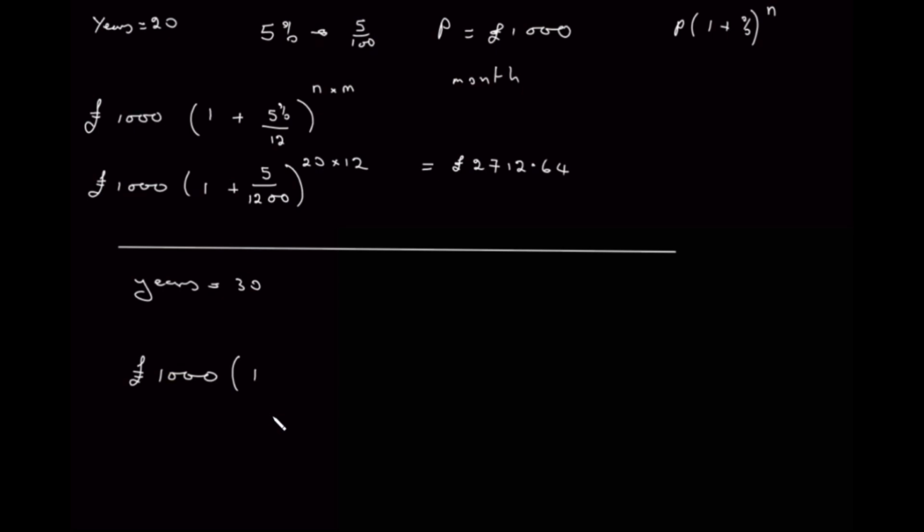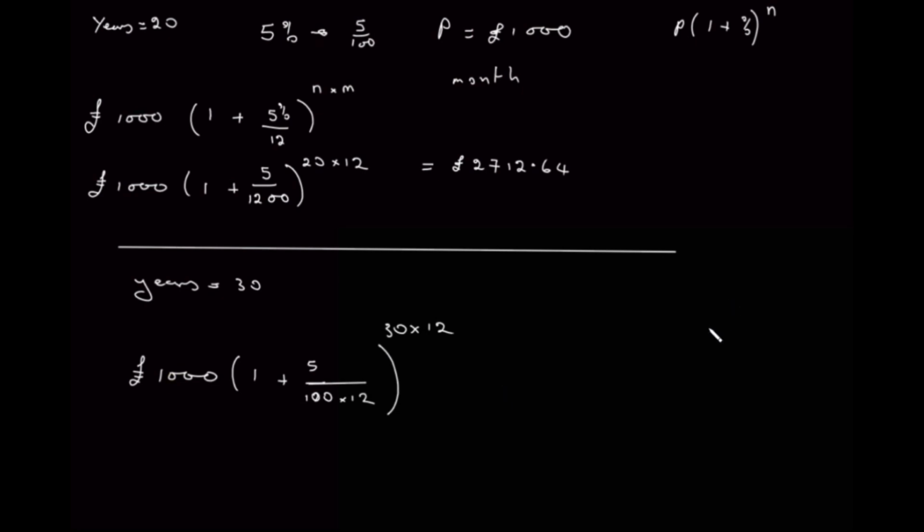There's the 1, here's the percent, 5, remember it's over 12, no it isn't, it's over 100, but then because it's every month, we have to multiply that by 12. Let me extend this. And we said 30 years. There's the 30 years times the 12. That gives me a total count of the calculation cycles.